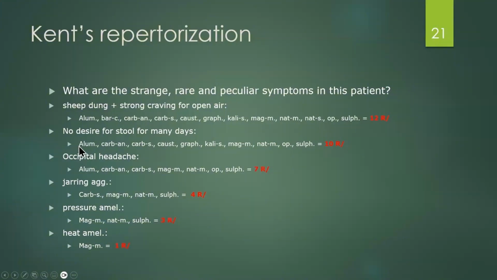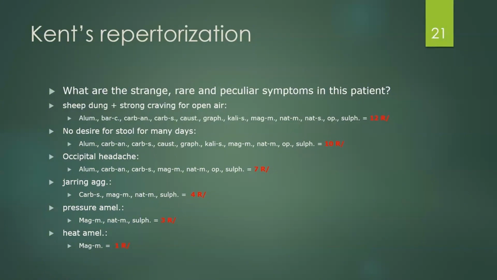Occipital headache, which was the main complaint of this patient, 3 remedies are out. Just like this, adding jarring aggravates, etc., you go down, and eventually reach one remedy, which is the one prescribed. This is repertorization by eliminating each time the remedies that are not present in the next rubric.